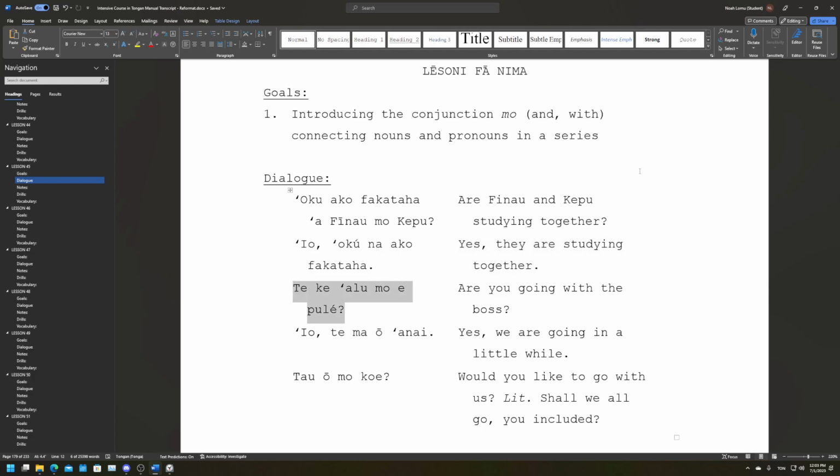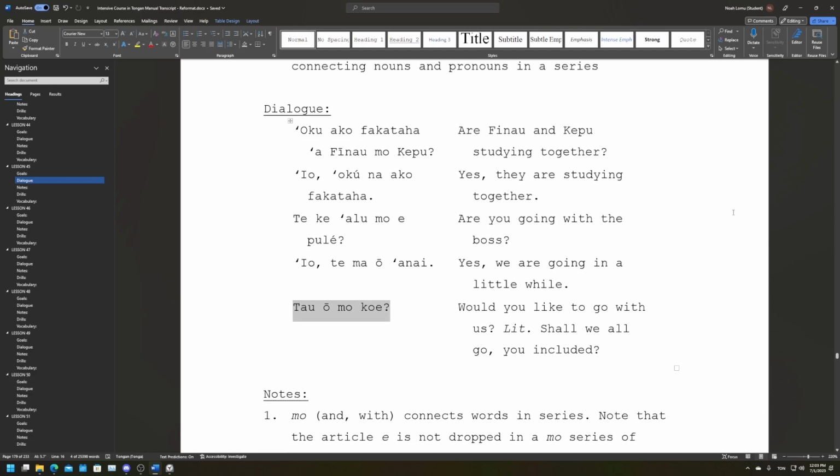Yeah. Te ka alo moe pule. Io, te mao anai. Tao mo koe.